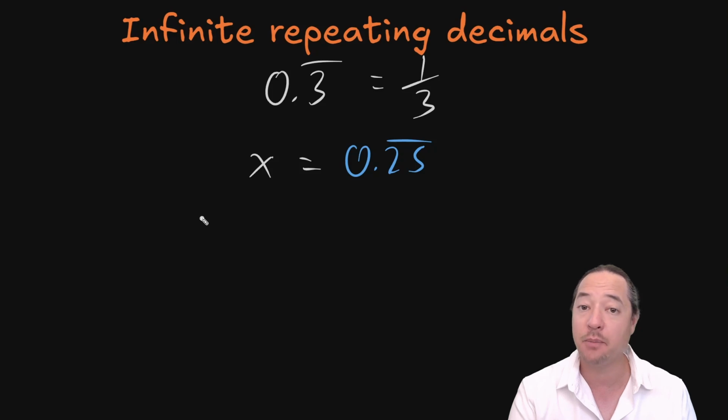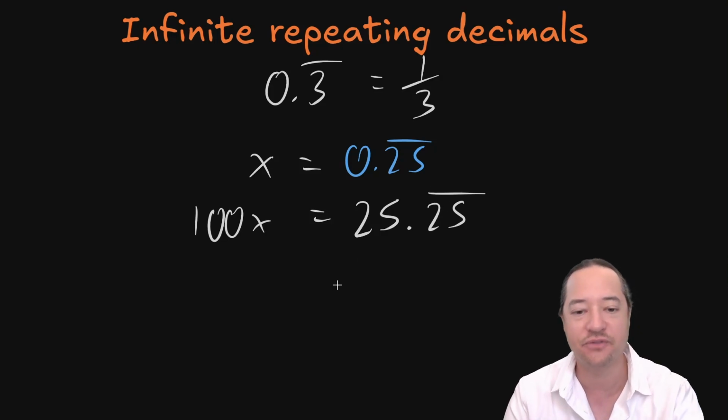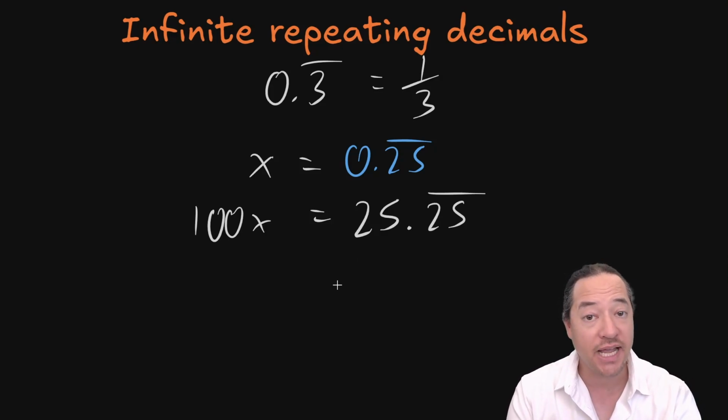So I'm going to multiply both sides by 100. So I'm going to get 100x is equal to 25.2525 repeating. Okay, so that's 100x.